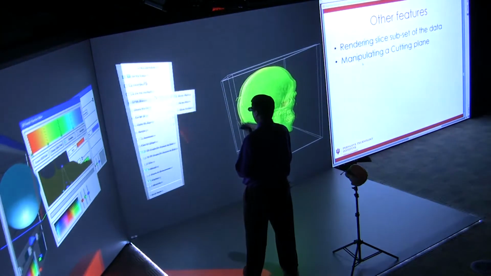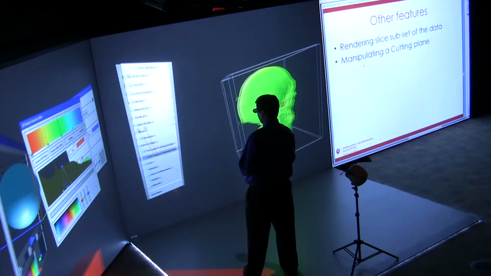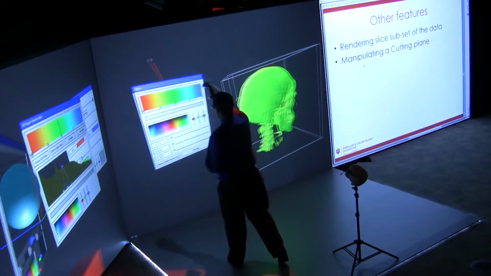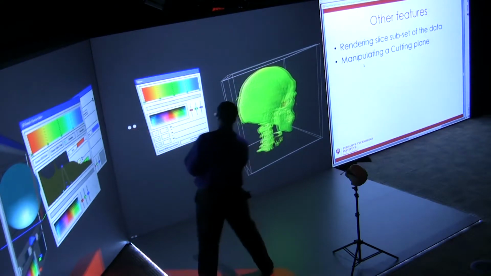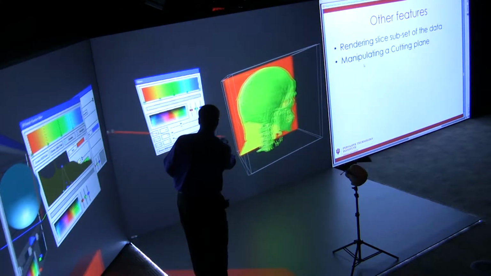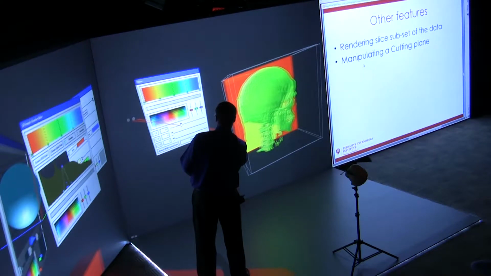Just going to throw those over to the side. All right, so slices is your traditional orthogonal slices in the data. I can turn on the X, Y, or the Z slice, and slide it through the data.